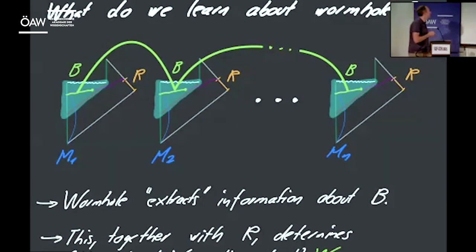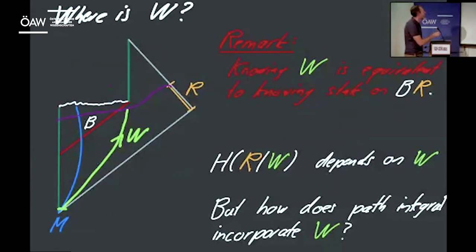So in a way, the wormholes are the geometric means to extract the information out of the black hole about B. Knowing B and R, and I know M, then I also know the evolution, then I know how M translates to that.